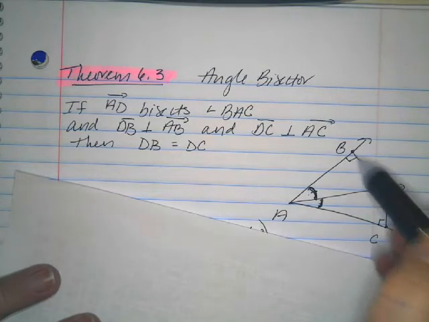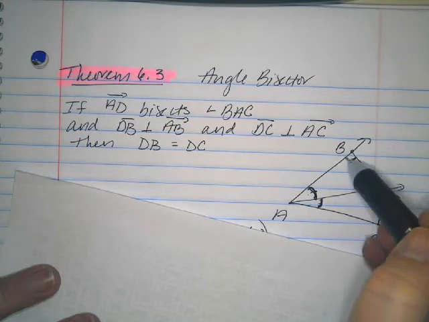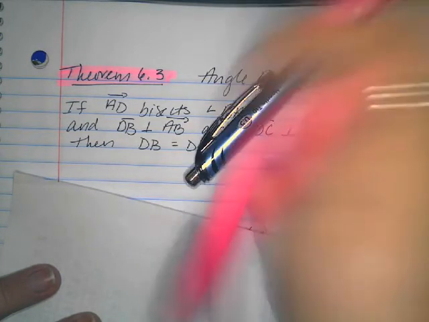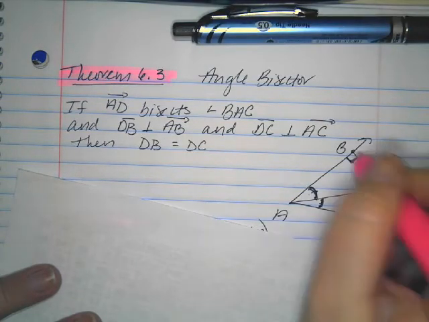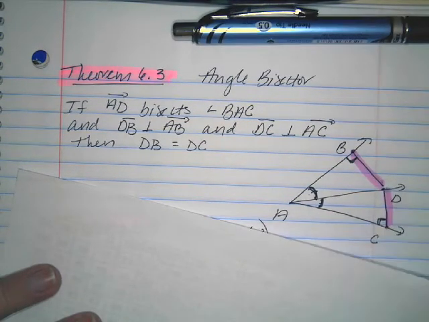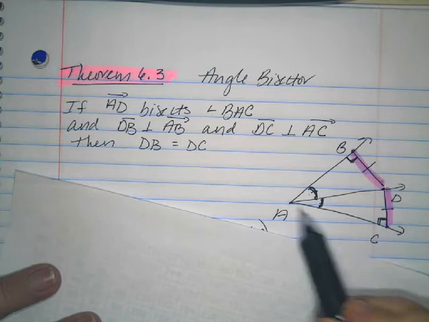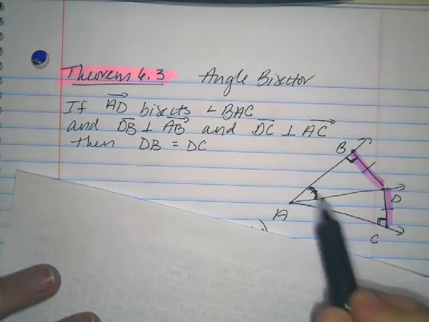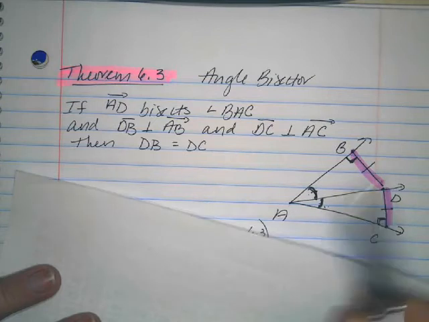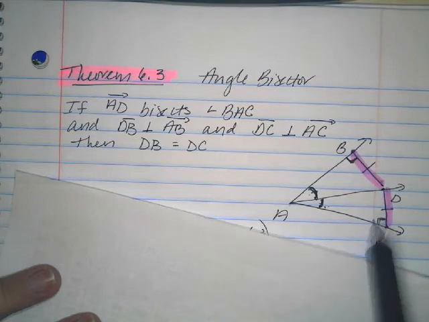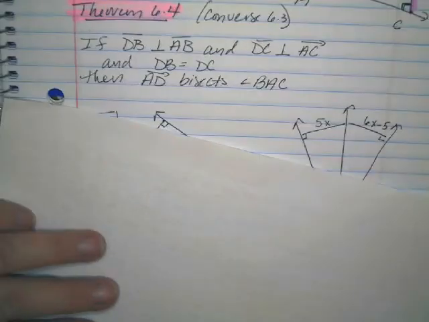So if this is a 90-degree angle, and over here this is a 90-degree angle, then I can say that BD is the same as DC, which is talking about this and this right here. So if this ray bisects this angle, meaning that these two angles are the same, and these two line segments are perpendicular, then I can say that these two are equal. Of course, the converse of that just comes backwards.